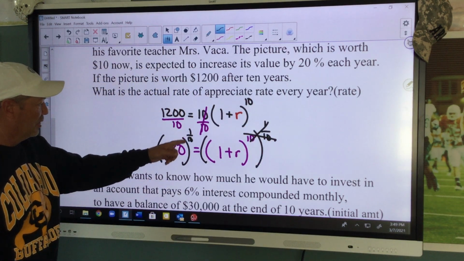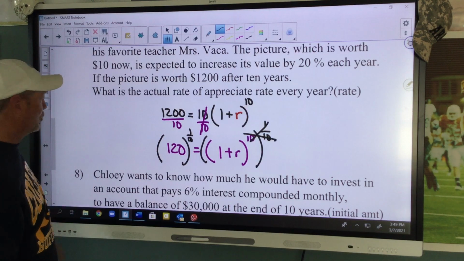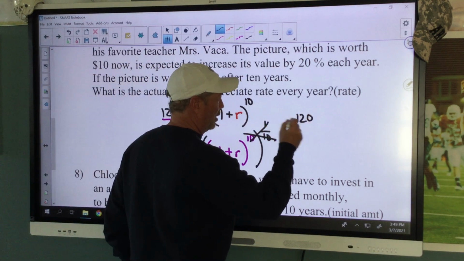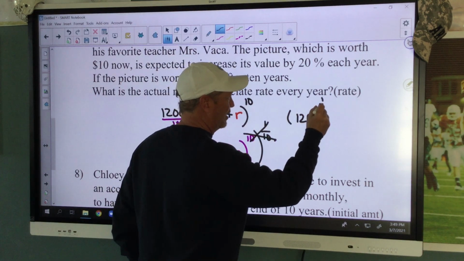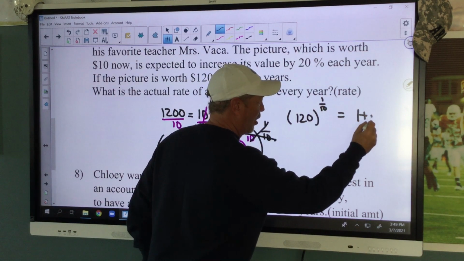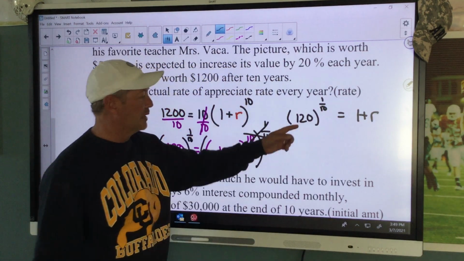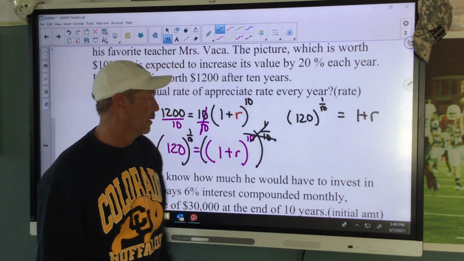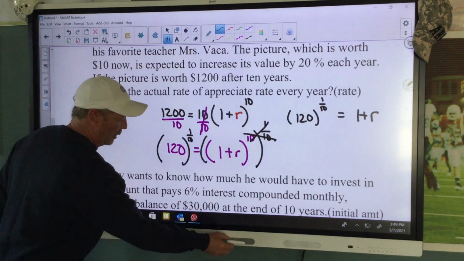We're going to put this into the calculator, and we'll just write it over here. It says 120 raised to the 1/10 equals 1 plus r. So once you put this into your calculator, all we need to do now would be to subtract 1, okay?